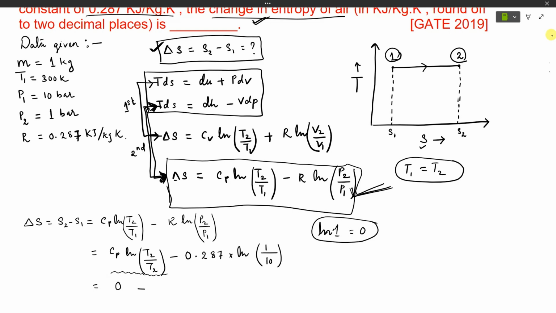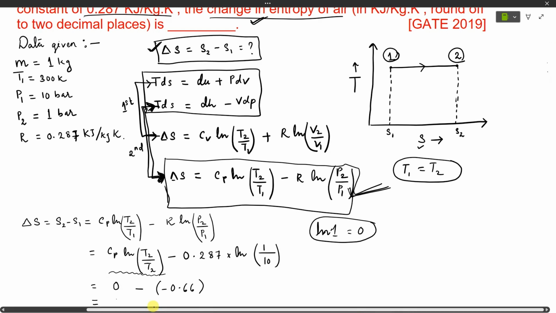After solving this expression, we get minus, minus, plus, so it becomes 0.66 kilojoule per kg Kelvin.